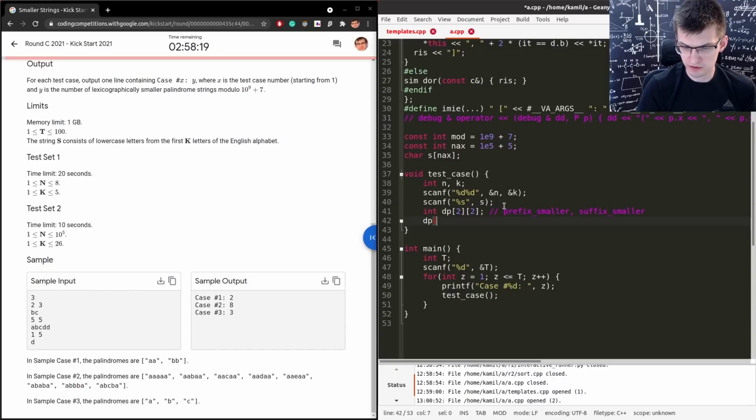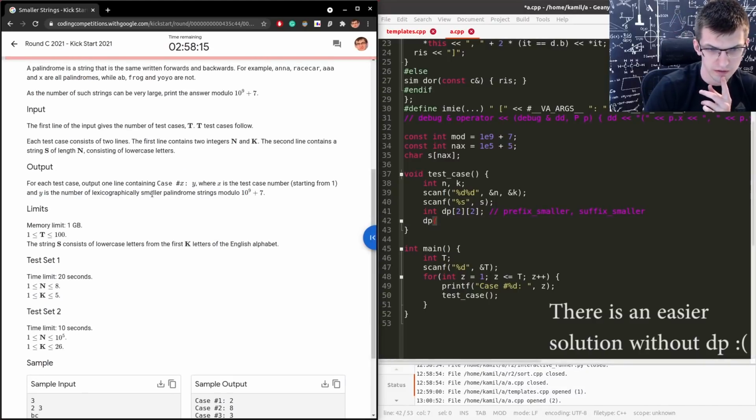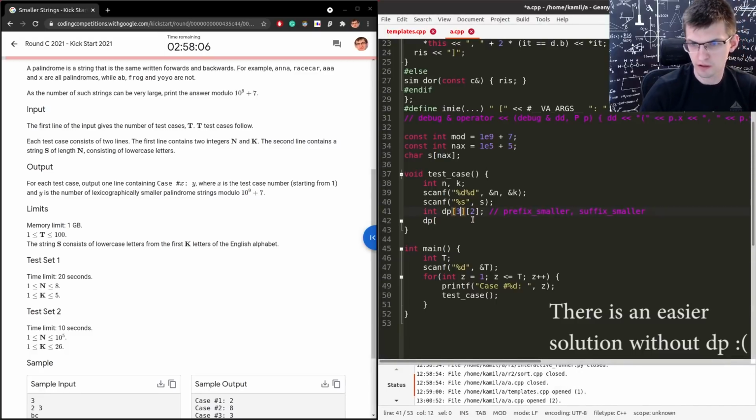First, strictly smaller or what? I just care if it's smaller; if equal, that's also important. I think we need this. Equal.